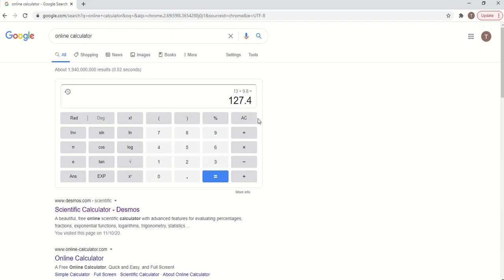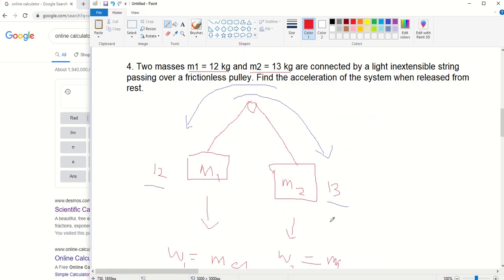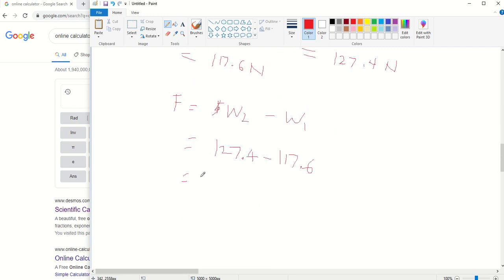So, 9.8. Napansin nyo, kung 1 kilogram lang ang gap nung dalawang masses, laging 9.8 newtons yung net force. Yun lang naman palagi. So, 9.8 newtons ang net force natin.